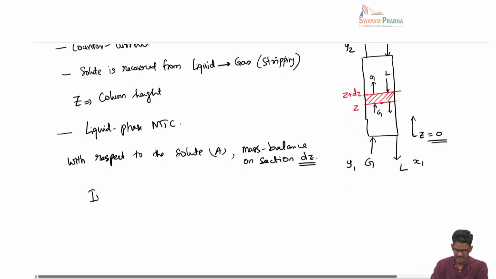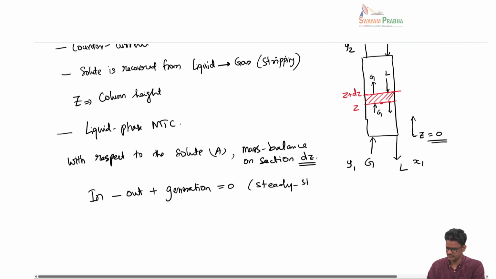So we will write something like in minus out plus generation is equal to 0 because we are talking about steady state operation. Okay, no accumulation terms.